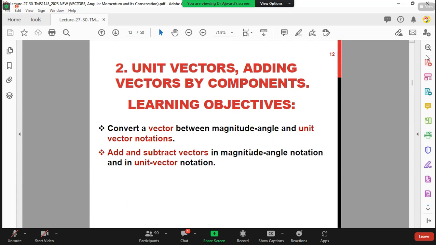So you convert that notation to unit vector notation. You can do this using the components. I think you already have the idea, but we specifically define some unit vectors. And you also add and subtract vectors in magnitude-angle notation and unit vector notation. So that's the next thing you will learn.